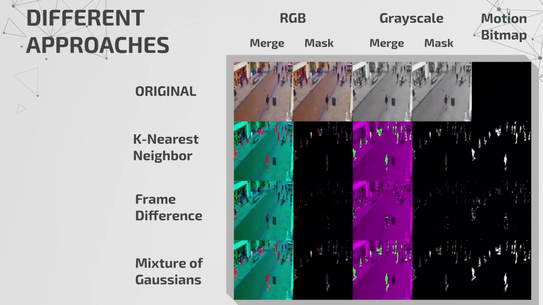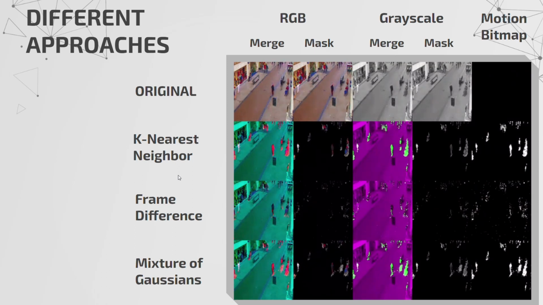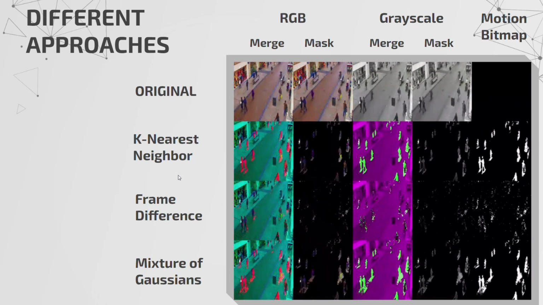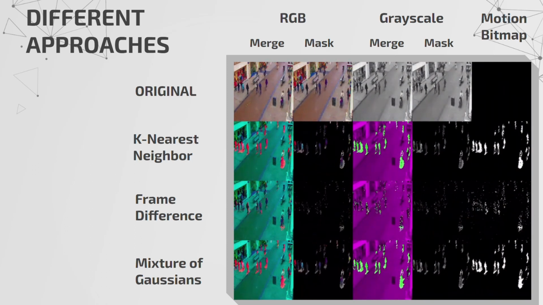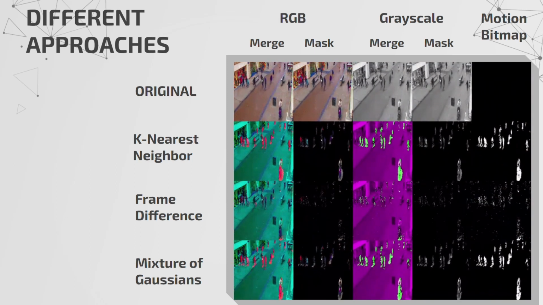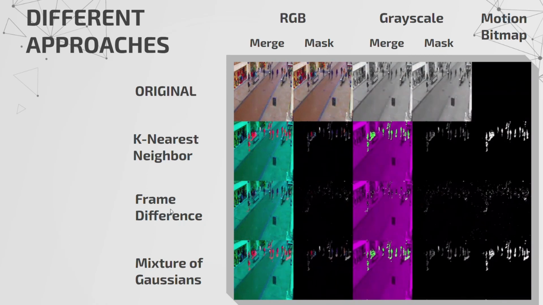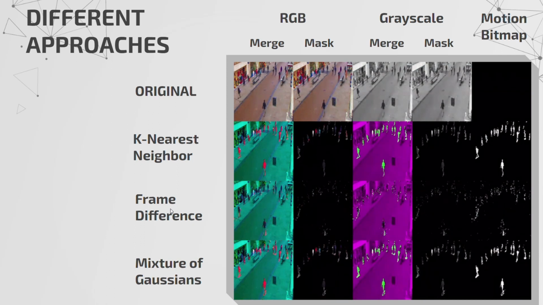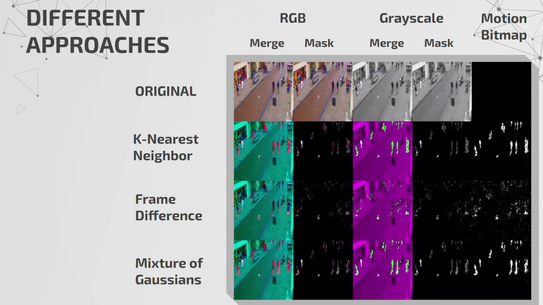The different sensors can then employ very different approaches for background subtraction. For example, we start from a very simple approach, which is frame difference, where the sensor just captures two subsequent frames and computes the pixel by pixel difference between intensity levels of the different frames.